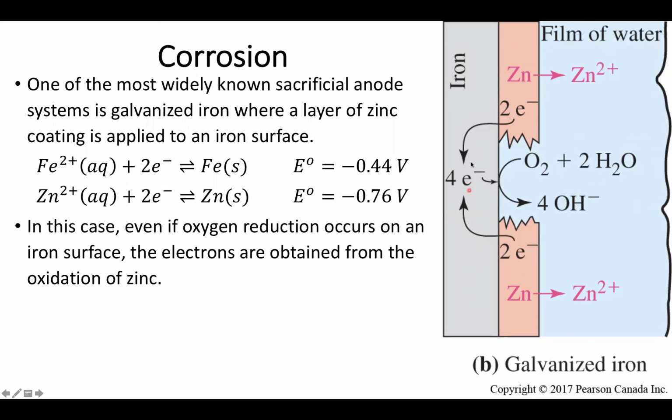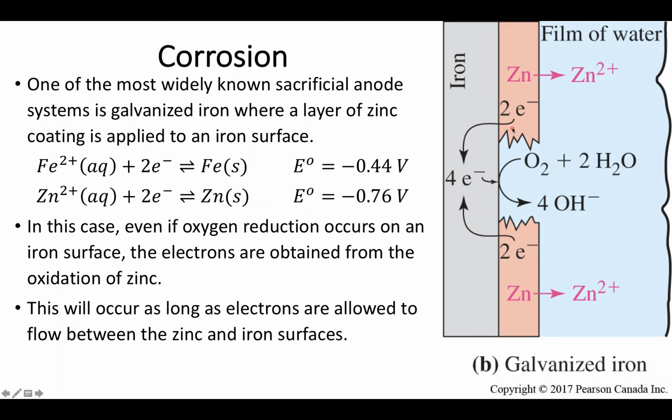So instead of the iron ending up producing iron 2+, instead I will corrode the zinc and it will form zinc 2+. So even if oxidation occurs at the iron surface, you're still going to steal the electrons from your sacrificial anode. And this will occur essentially as long as there's a connection between your zinc surface and your iron surface.